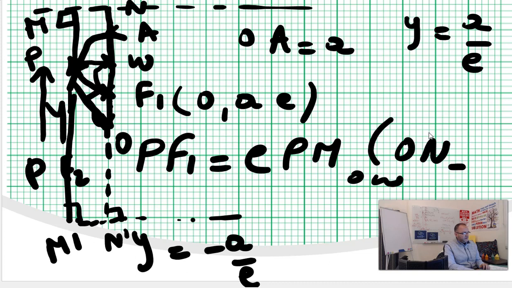And I used OW as a y, because this is a projection on the y-axis. And this ON prime is just the magnitude of a divided by e. That's all I did. Okay? And that's it. Next lesson we will be dealing with more real-life examples.